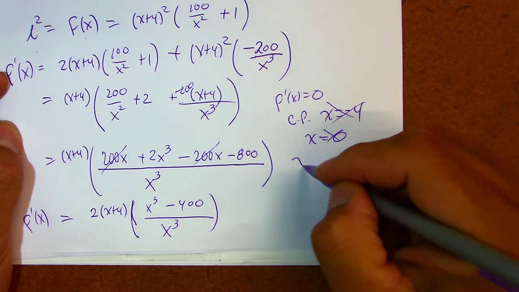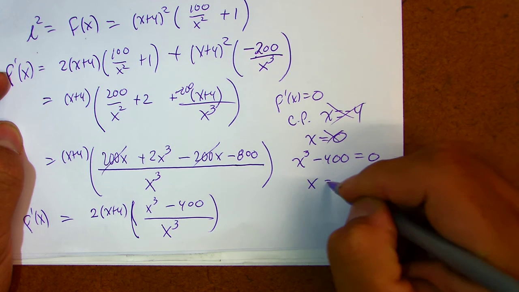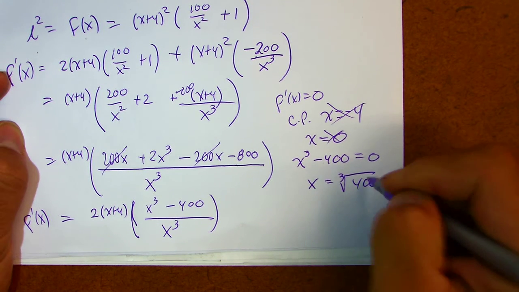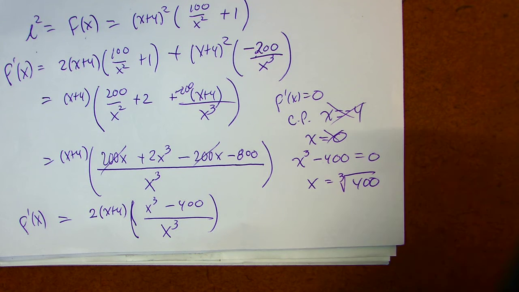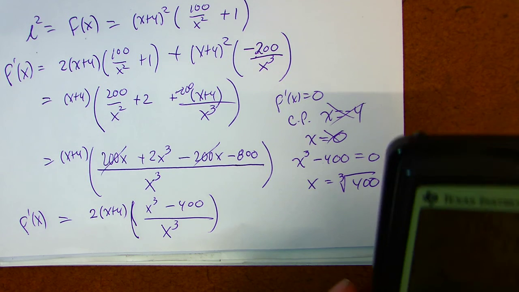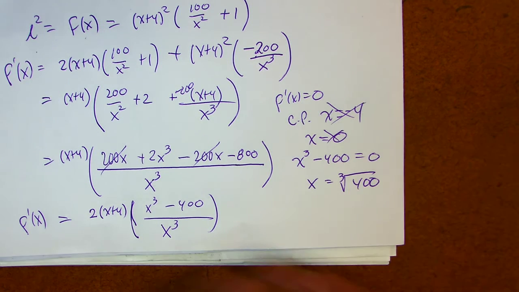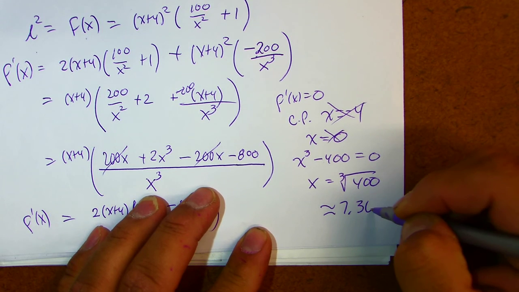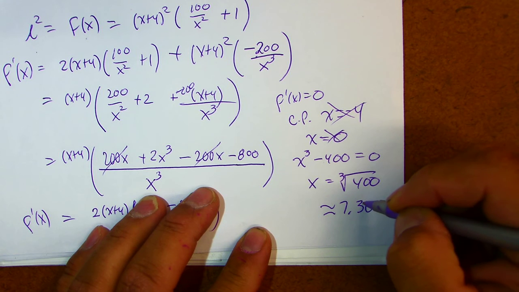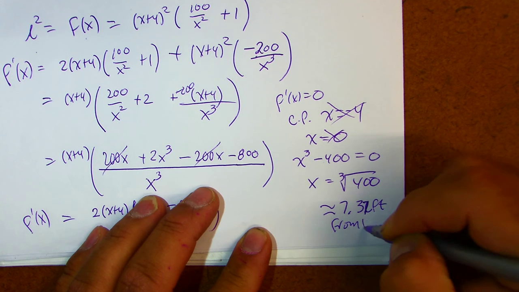So the only other outcome, and if we plug that in, or just to get an approximation, it's about, the ladder should be 7.3 feet from the wall.